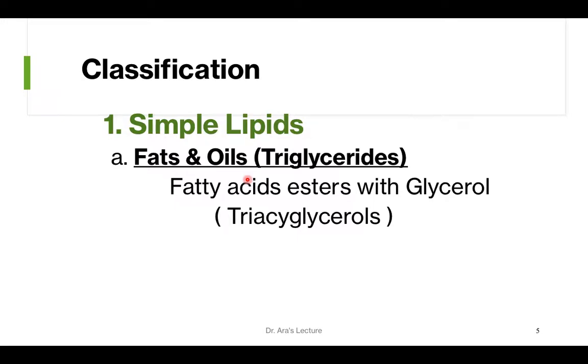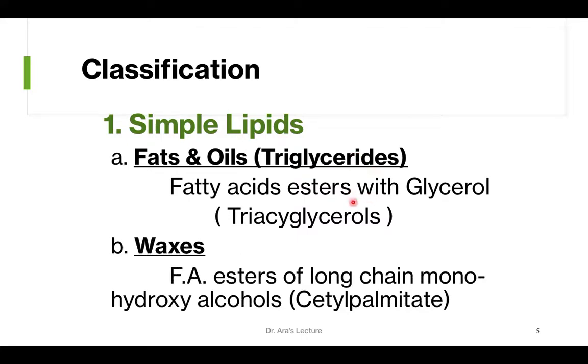As we just saw, triglycerides are fatty acid esters with glycerol. We sometimes also say triacylglycerol. B. Waxes. Fatty acid esters of long chain monohydroxy alcohols. Cetyl palmitate is an example.